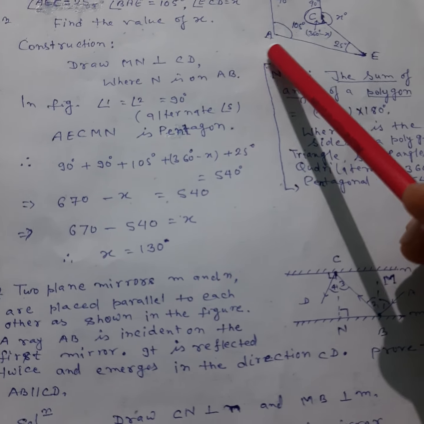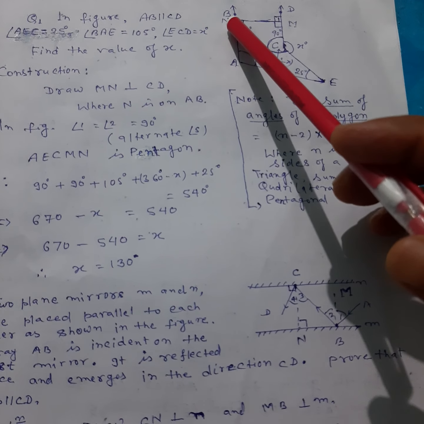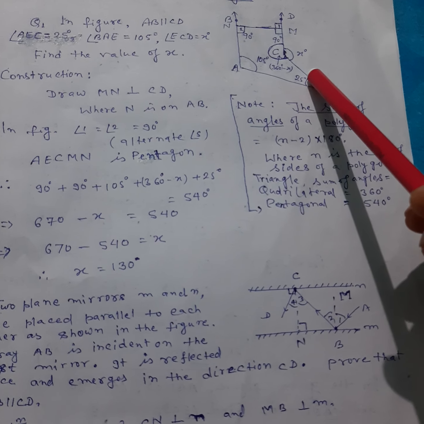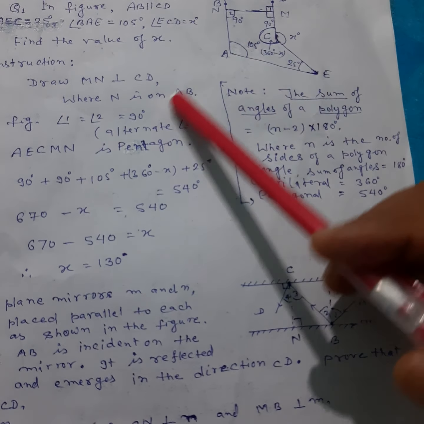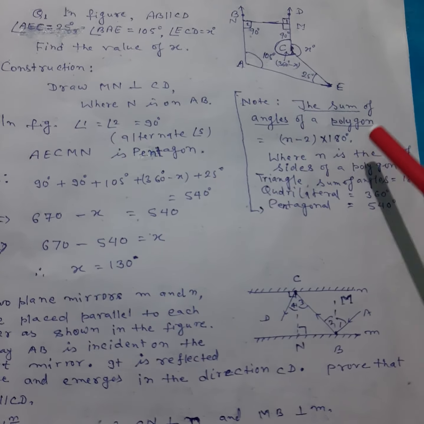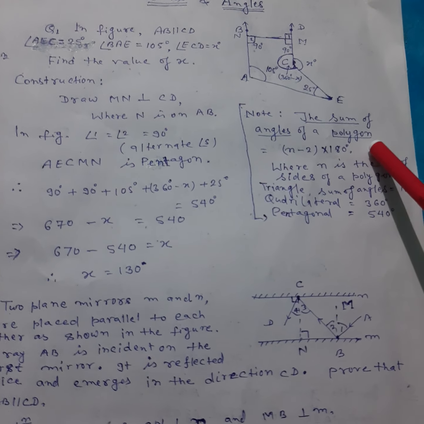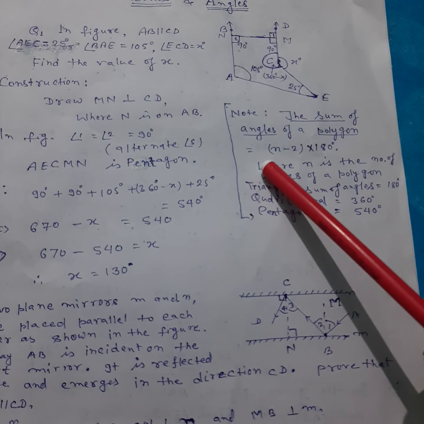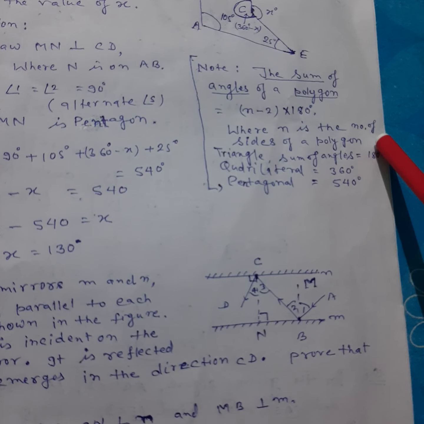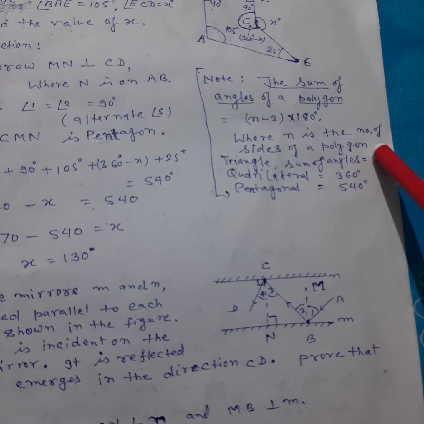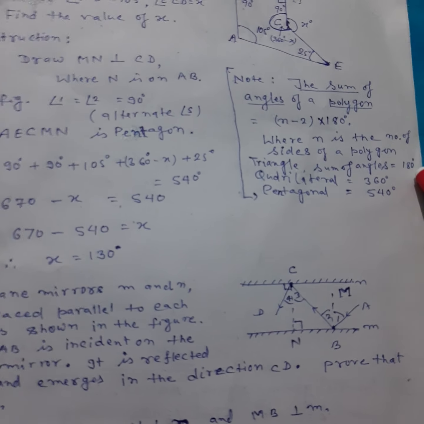As you observe, here we get AECMB. This is a pentagon. It has 5 sides: 1, 2, 3, 4, 5. And we know that the sum of angles of a polygon equals (n minus 2) times 180 degrees, where n is the number of sides of the polygon.